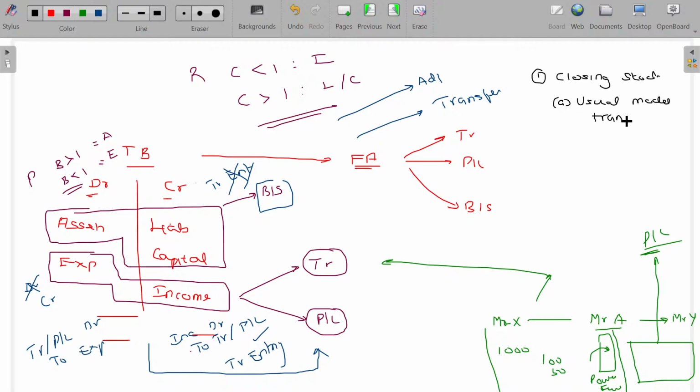Transfer entry means transferring to the trading and P&L account, either the trading account or the P&L account. The second is you can pass this as an adjustment entry. It means the stock will be adjusted in the purchases account and then we pass on to the next process. That is called adjusting entry. So we'll understand these two.